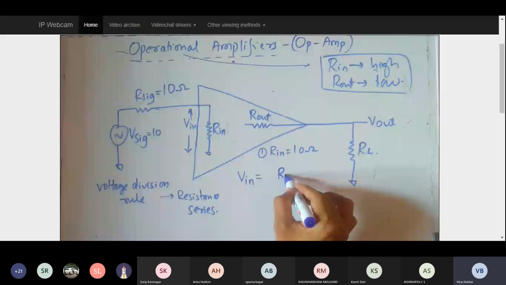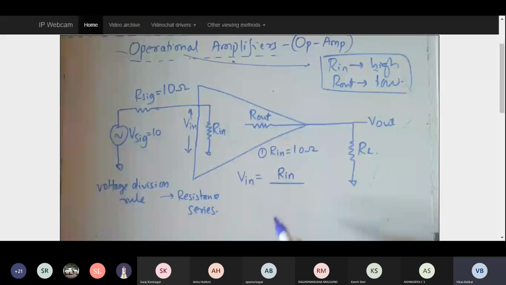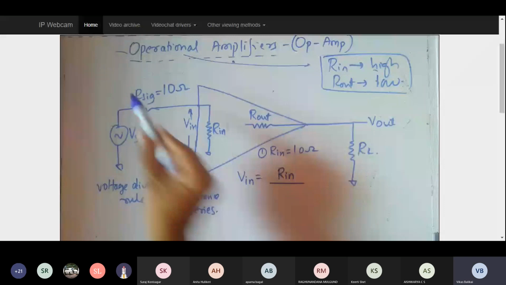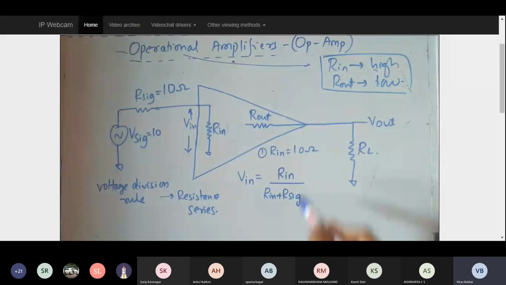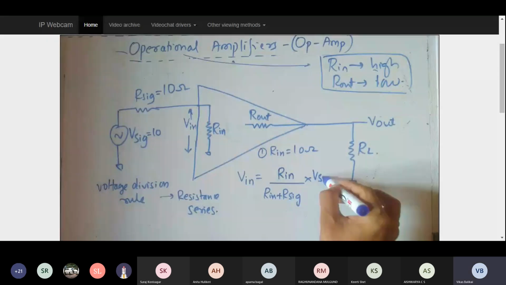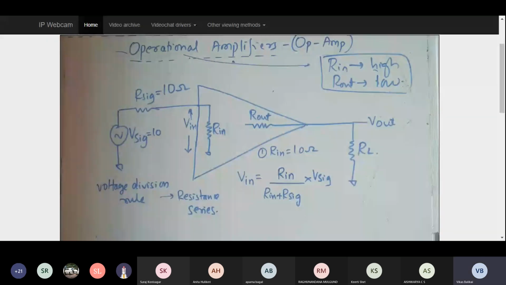The resistance attached to Rin is Rsig. So I'll do Rin plus Rsig. Then for this entire combination, I multiply by the voltage you are considering, which is Vsig. So this is my voltage division rule, this is my formula.